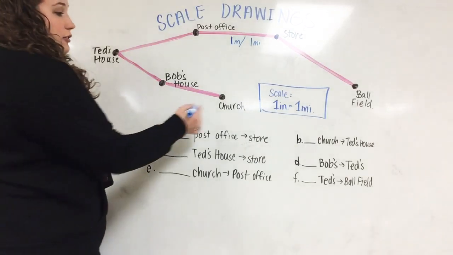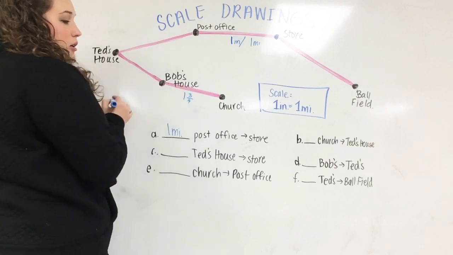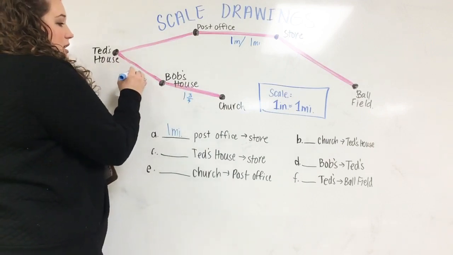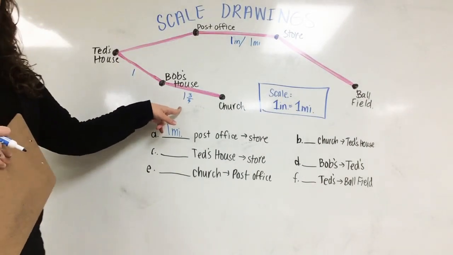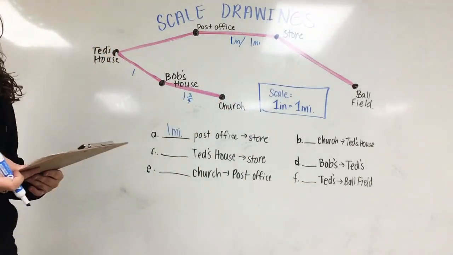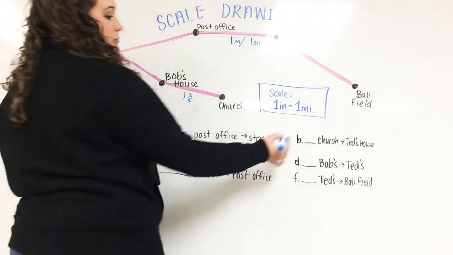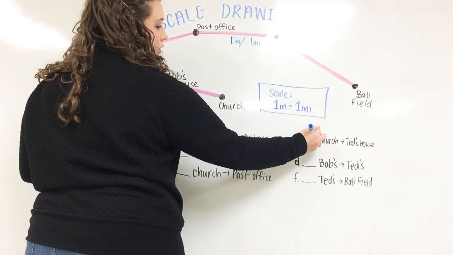All right, so from church to Bob's house is 1 3/4 inch, right? And then from Bob's house to Ted's house is 1 inch. So if you add 1 inch plus 1 3/4 inch, how much is the total from church all the way to Ted's house? It is 2 3/4 miles. That is correct. 2 3/4 of a mile.